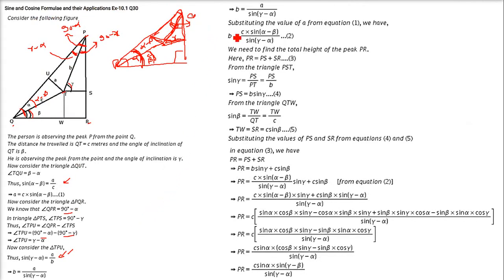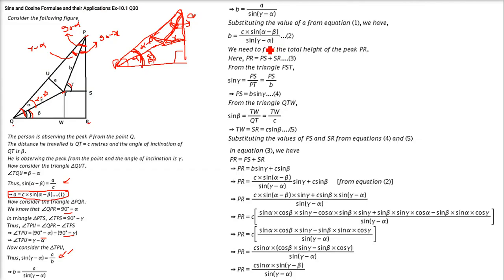Now we will substitute this in place of A. I am putting in place of A, C sine alpha minus beta. So you get B equal to C sine alpha minus beta by sine gamma minus alpha.